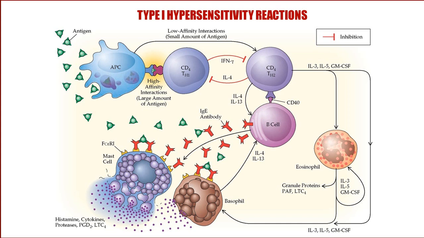These antibodies are cytophilic and have high affinity to specific receptors on mast cells and basophils of blood that possess the highest capacity to bind immunoglobulins E, for which reason they are called first-order target cells.